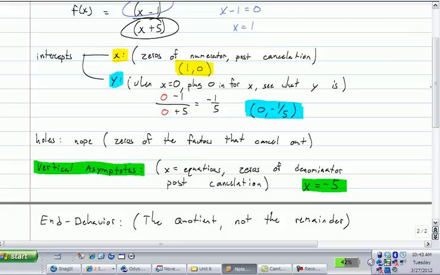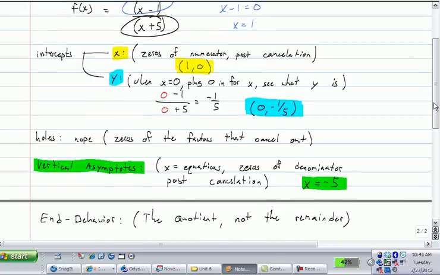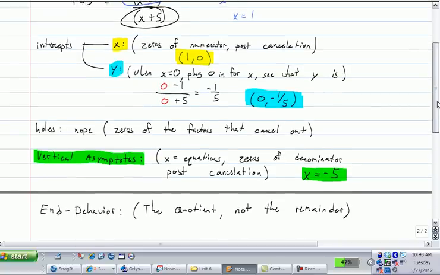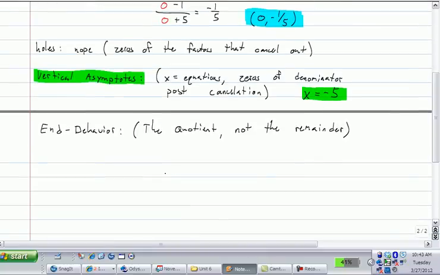I'm going to give you and your neighbor a chance. Look back at the original function, and I want you to divide x minus 1 by x plus 5. I want to know what is the quotient. See if you and your neighbor can agree. I don't care about the remainder, just what is the quotient.